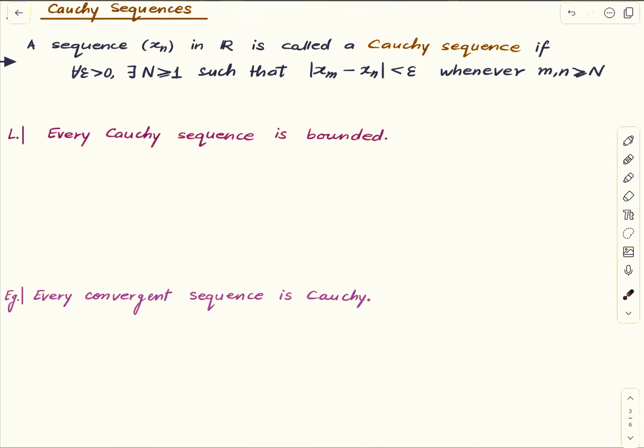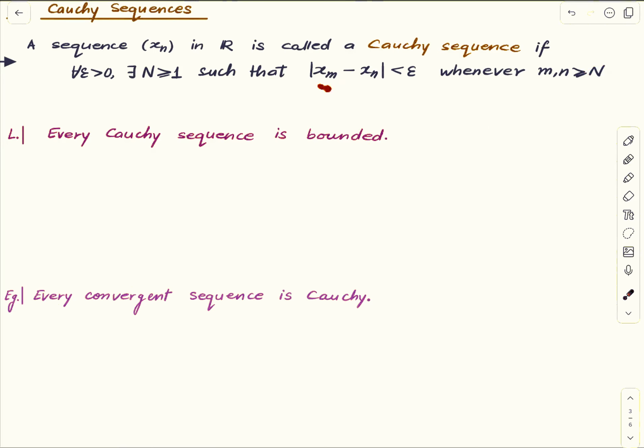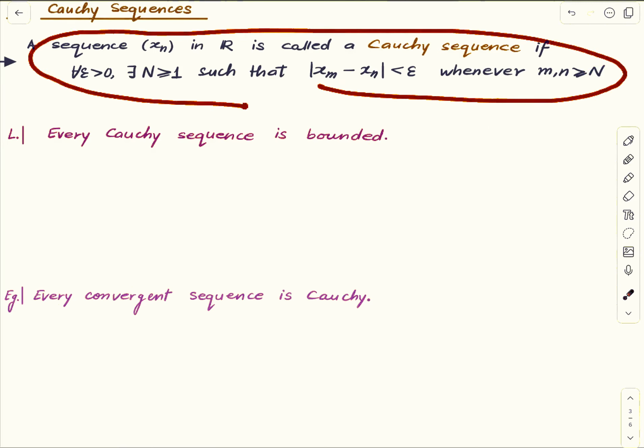If you try to visualize what this is saying, you will see that there is some epsilon band such that beyond a certain point, any two elements of the sequence are within that epsilon band. So I'm trying to depict the graph of the sequence. Anyway, you should maybe pause for a moment and think about what this is trying to say.